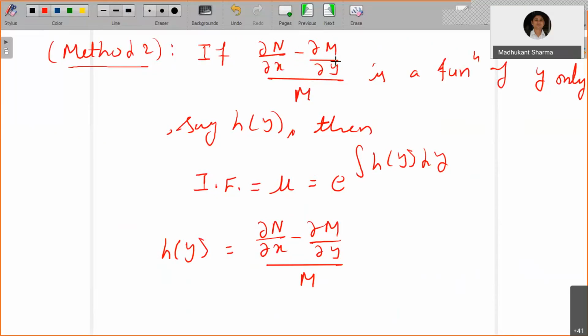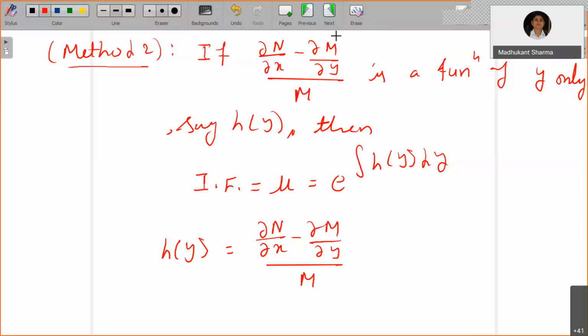Then you see whether, after factorization, it contains a factor from m or a factor from n. Suppose it contains a factor of m; if you remove that factor, check whether the remainder is a function of y only.